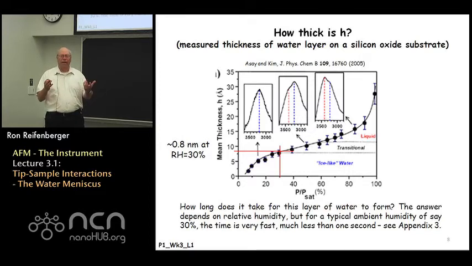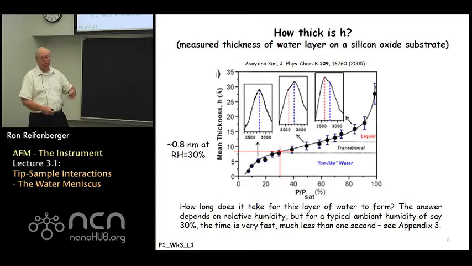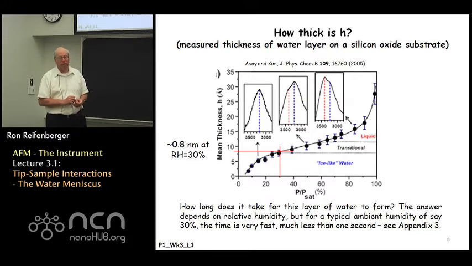Now, the exact value depends on a lot of conditions, whether the surface is hydrophobic, hydrophilic, what the surface is made of. But we can use this number, 0.8 nanometers, as a rough estimate for the thickness of the water layer on both the tip and the substrate if you're doing experiments in a reasonably modern facility.